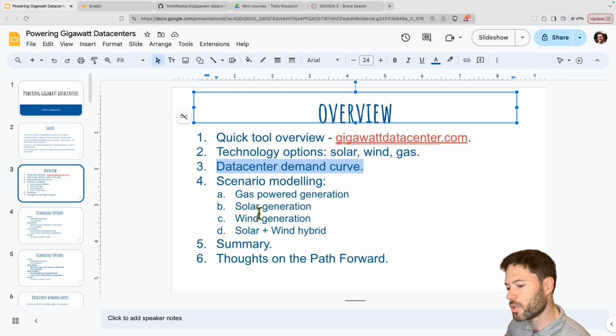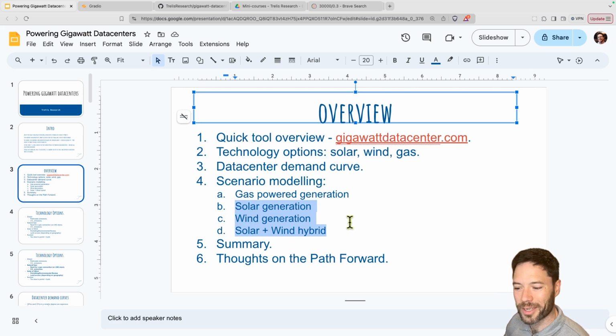So I'll talk through some of the key factors in modeling a gas-powered plant, a solar plant, a wind plant, and then a solar plus wind combination. Now, all of these here will have a little bit of gas because we'll find that is pretty crucial to making the economics work. Then I'll give a summary and some thoughts on the path forward for how these options might develop and what the best options are right now for those who are building data centers.